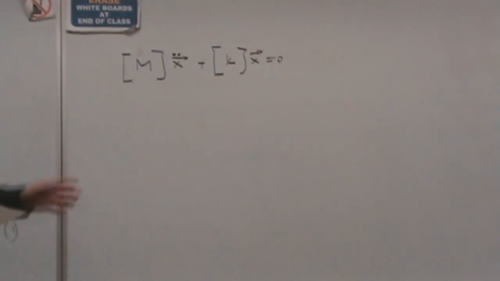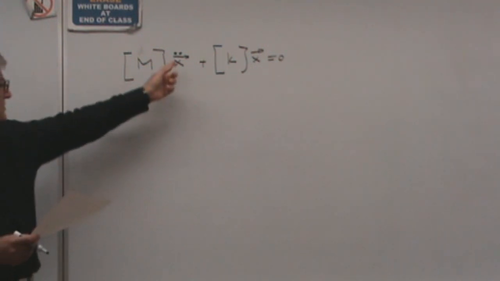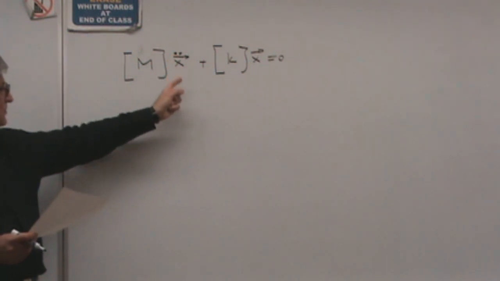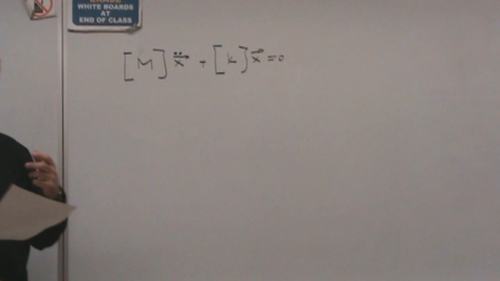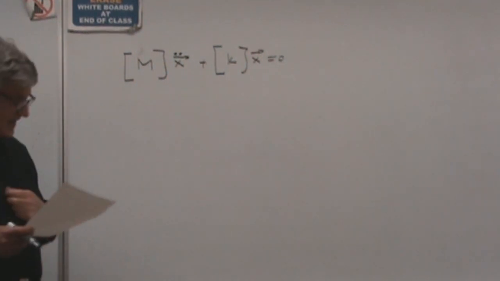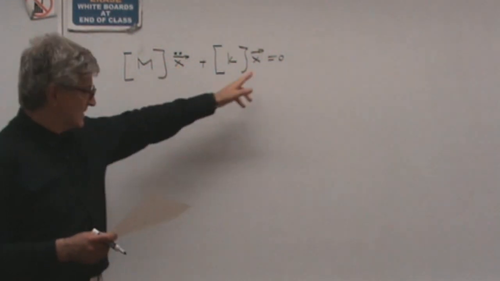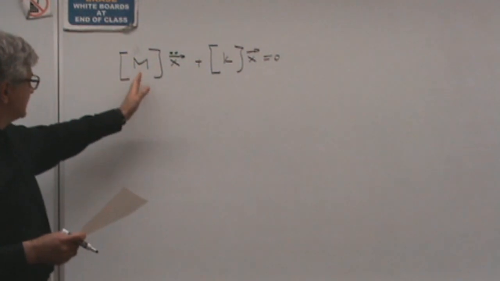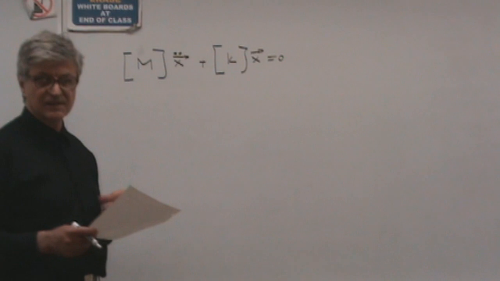In general, if you have a problem like this, the solution is an exponential function. Why is that? Because if you take the derivative of an exponential function or the second derivative, you still end up with an exponential function. And you can adjust the coefficients so that this equation is satisfied. That means the inertia term plus the stiffness term add up to 0.